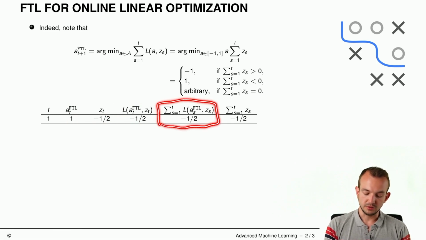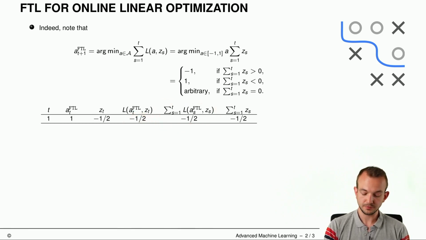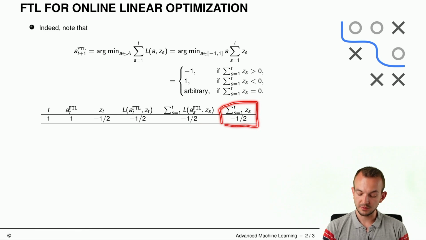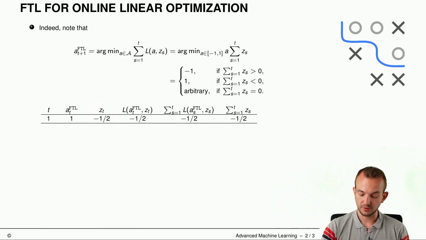Now, what's the cumulative loss? Well, we have suffered loss of -1/2, so we are doing good right now. And let's keep track of the sum over the Zs, the environmental data points, and the first one was -1/2, so we have here -1/2.